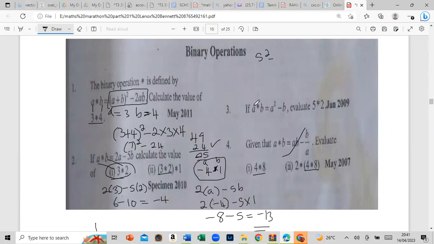Let's put it on top. So it would be 5 squared, because that's A, minus B, which is 2. I think everyone got this correct. Good job. 5 times 5 is 25, so that would be 23. This one only asks for that, so it was pretty straightforward.